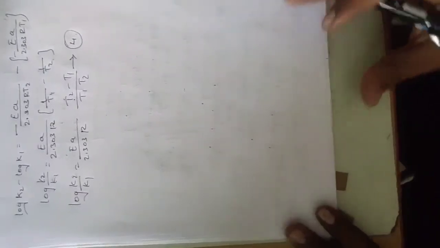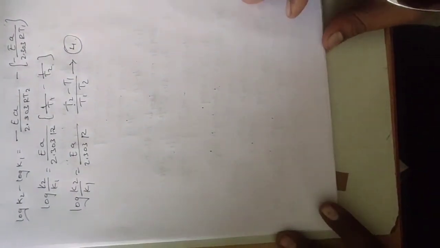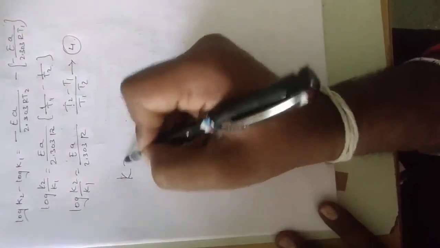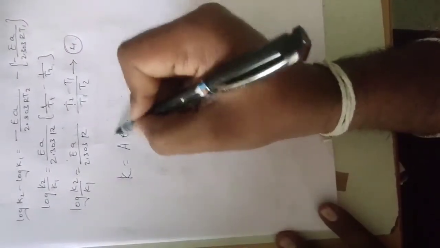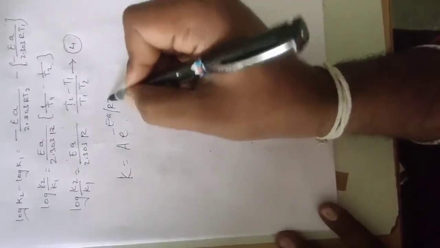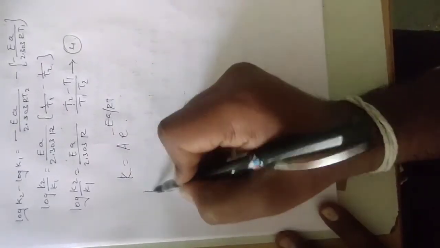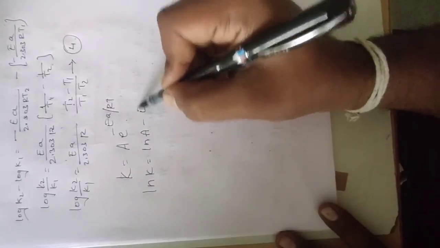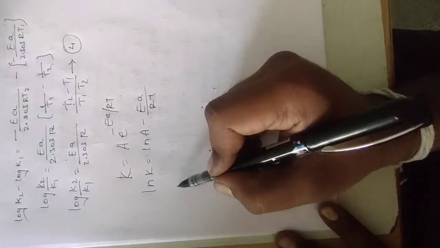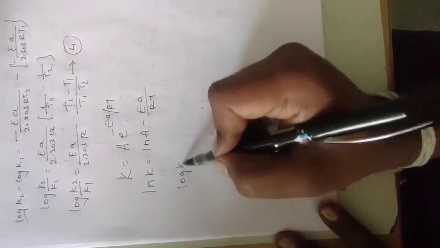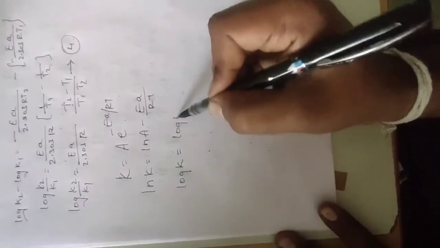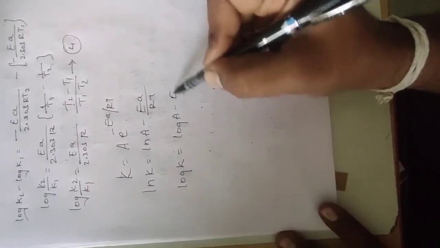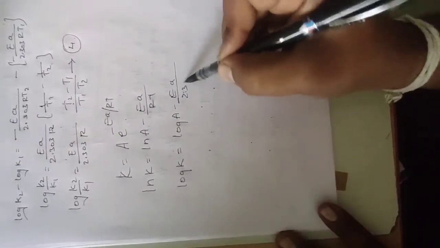See, while discussing the Arrhenius equation, we got four equations. The first equation is k is equal to A e to the power of minus Ea by RT. Another equation is ln k is equal to ln A minus Ea by RT. Next, the third equation: log k equals log A minus Ea by 2.303 RT.